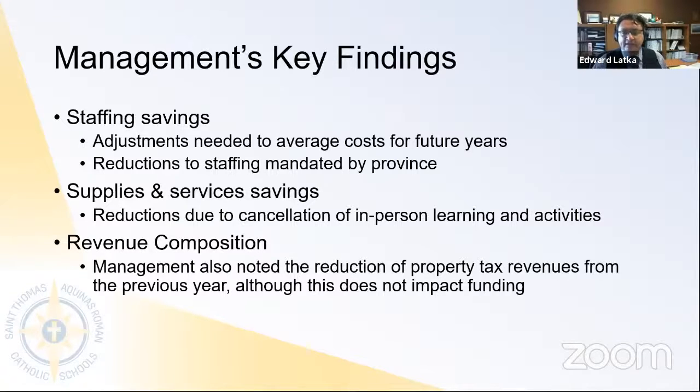So the reduction in funding that we received from the province was not in proportion or related to those reductions in property tax revenues, but perhaps does indicate the need for the board and the trustees to talk to our stakeholders and reaffirm their support by directing their taxes to the separate boards, rather than either ignoring that selection of choice or failing to realize that they have that ability to direct property taxes to the separate system and support Catholic education.